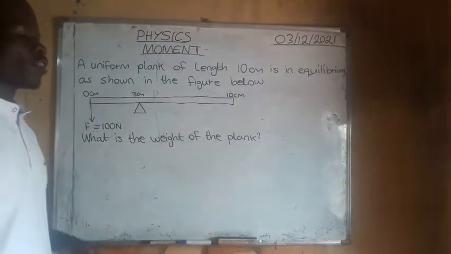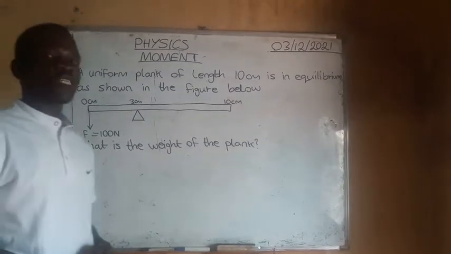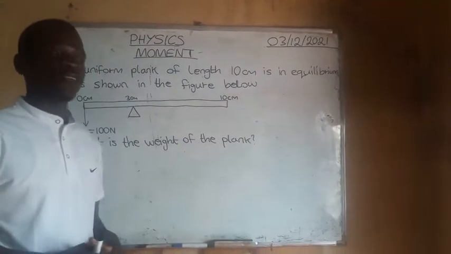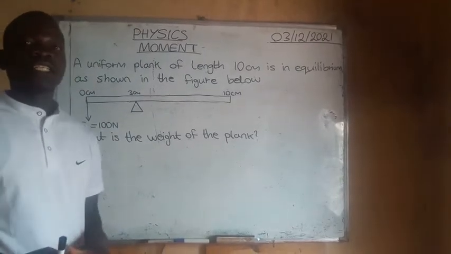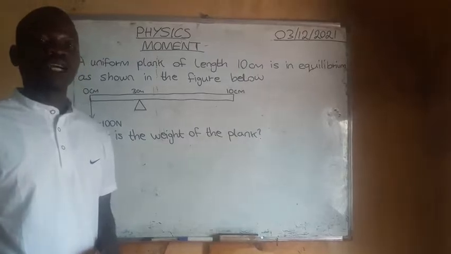So for us to find the weight of the plank, what we are supposed to do first is to identify the center of gravity. The center of gravity is the point where all the forces seem to act.